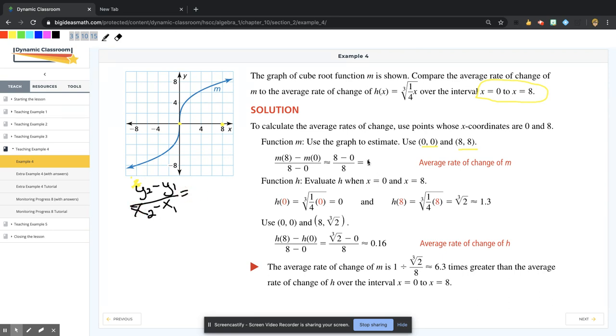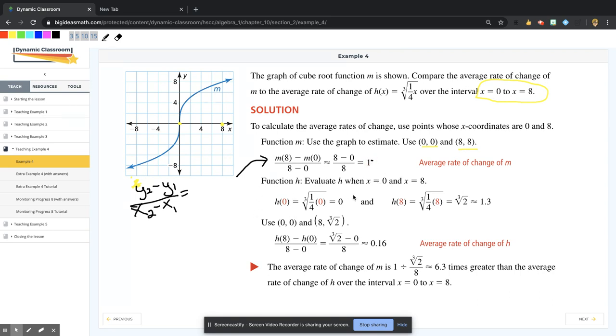Okay, distance formula, right? That's what this is right here. Okay, so we put in our numbers here, 0, 0, and 8, 8. And they just added extra m's in here. Don't worry about that. Okay, so here's my average rate of change, it is a 1.